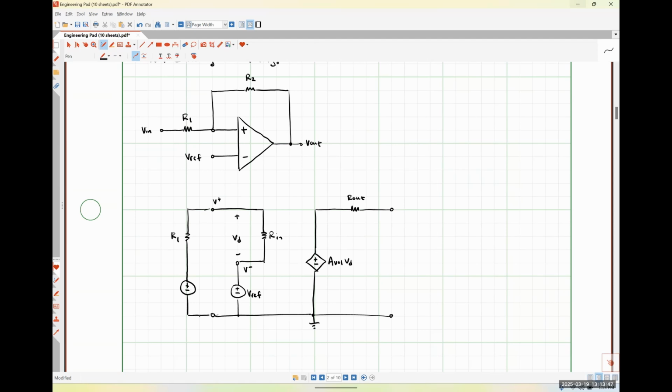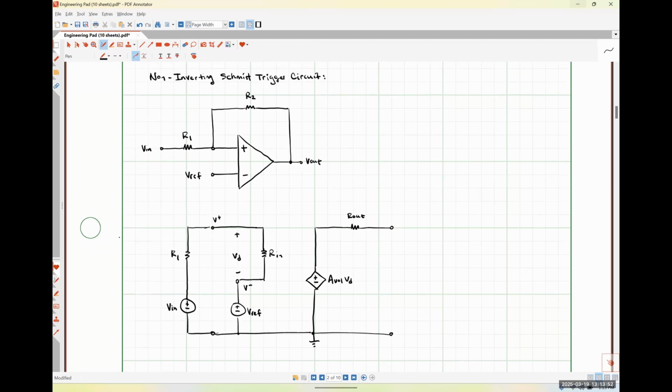Here is my input voltage. And the last thing I need to do is to apply my feedback network, which is just my resistor R2. So R2 is going to be connected between my non-inverting input terminal and my output terminal. So here is my feedback network. It's going to be feedback resistor R2, like so. And then my output voltage is going to be the voltage measured between here and here.